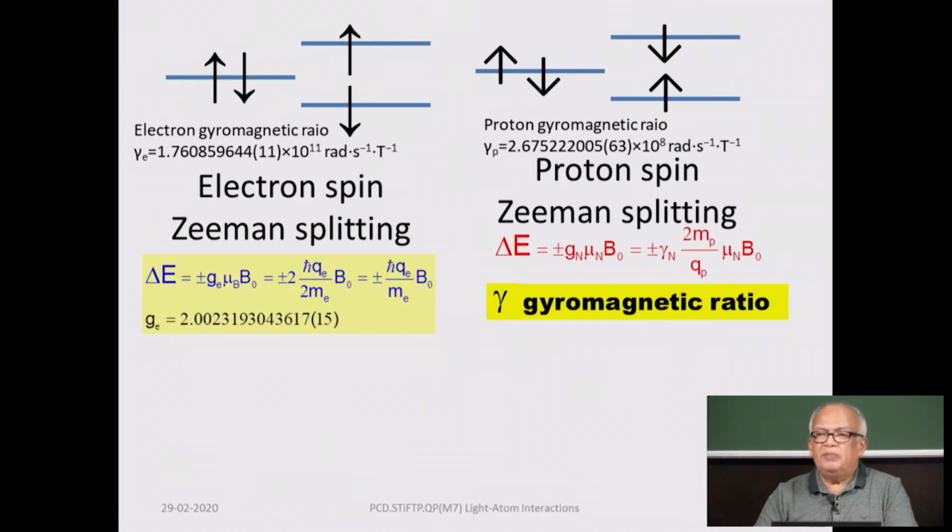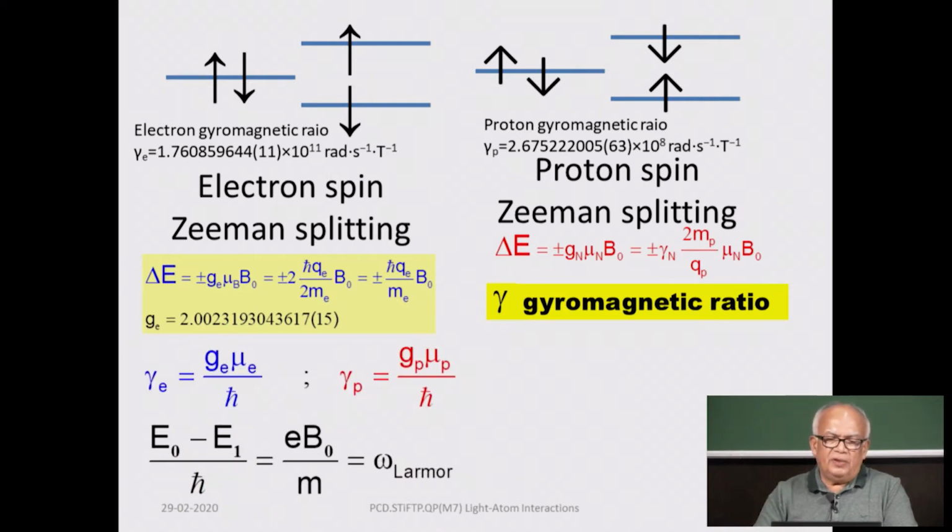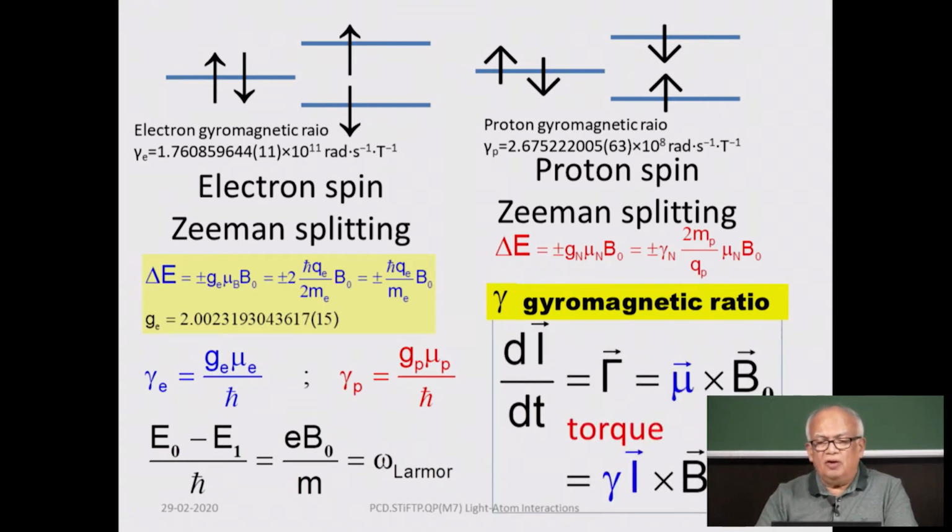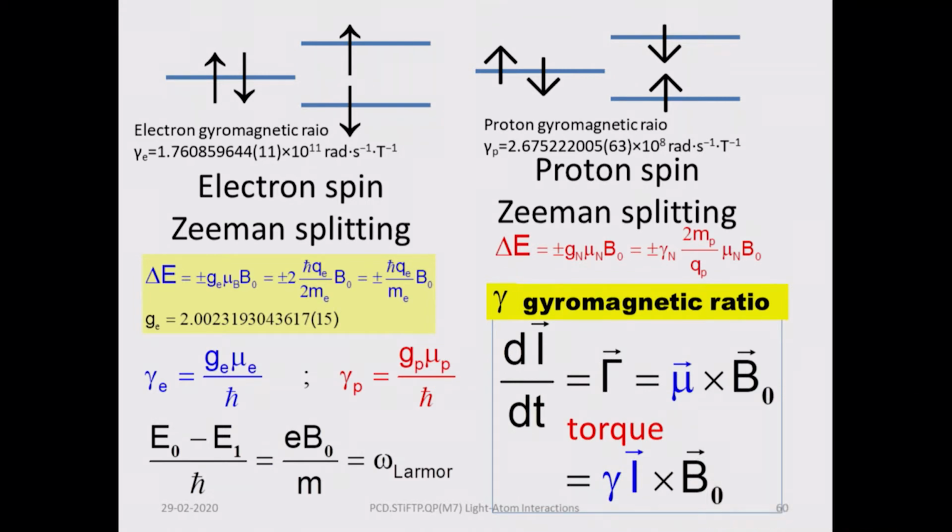The same thing happens to a proton, because that also has a magnetic moment with a similar interaction, except that the gyromagnetic ratio is different for the electron and for a proton, but the basic phenomenology is essentially the same. And the energy difference between the two levels is the Larmor frequency in units of h cross, and that depends on the magnitude of the magnetic field which is employed.